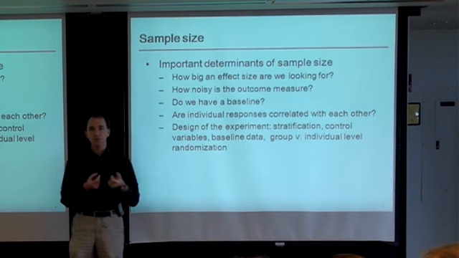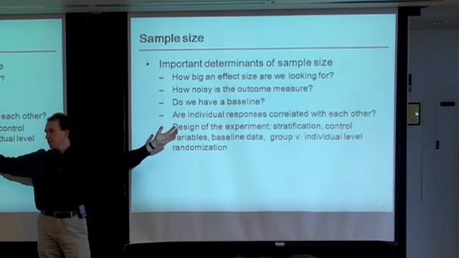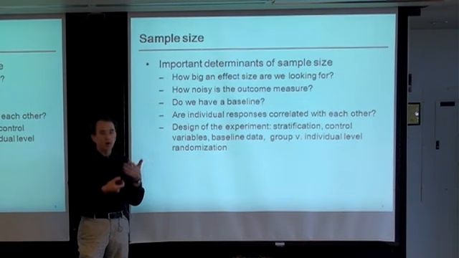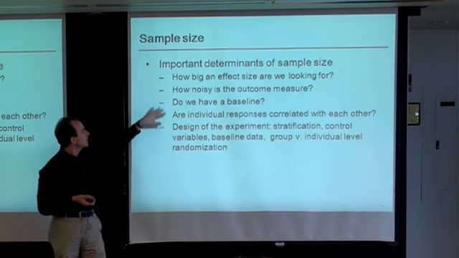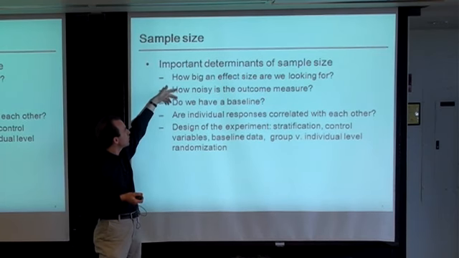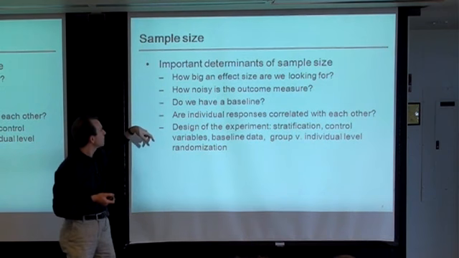If the data is really noisy, but the effect is enormous, then we don't need as big a sample. But if the effect we're looking for is really small relative to the noise in the data, we're going to need a bigger sample. So it's the ratio between the effect size and how noisy the data is that's going to be really important.